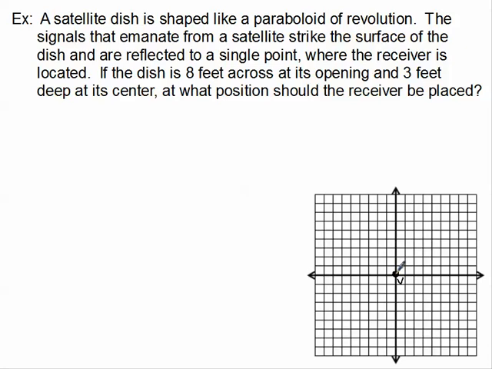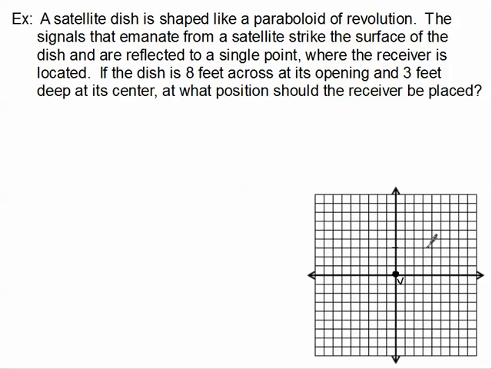Okay, so we have a satellite dish, and you could be opening it this way or upside down. That doesn't make much sense. I'm going to open mine up this way. Now, I know that this is the center ultimately of the satellite dish. We call that point the vertex. So it's 3 feet deep at its center. So I know that the satellite dish's opening is somewhere right around in here. And I also know that at the opening, it's exactly 8 feet wide.